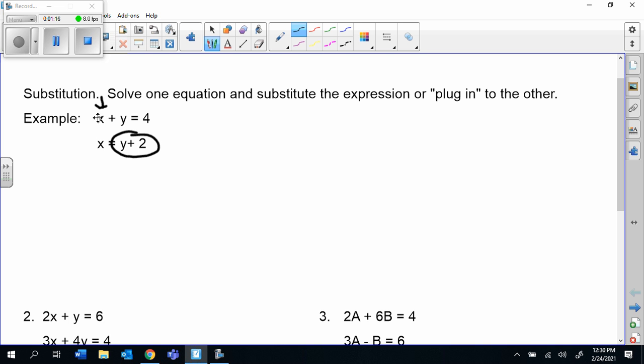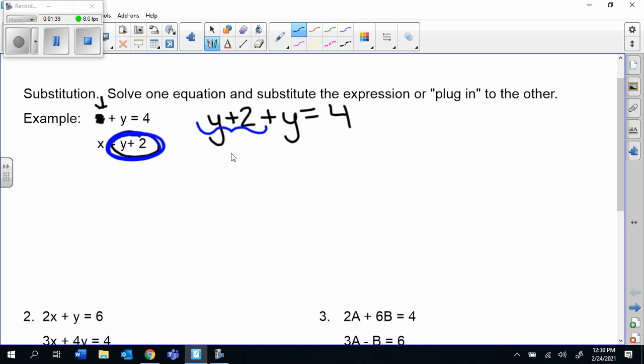And so we're going to take away this x here, and we're going to plop in this value. So it's going to look like this: y plus 2 plus y equals 4. Instead of this original x, we're going to have this y plus 2. This piece right here used to be the x.